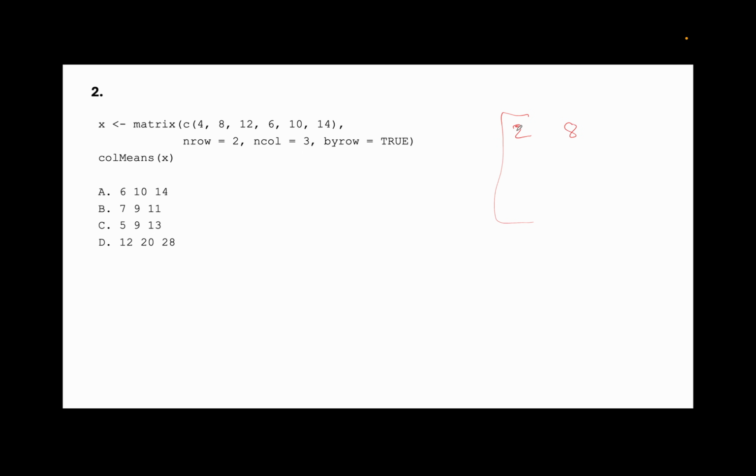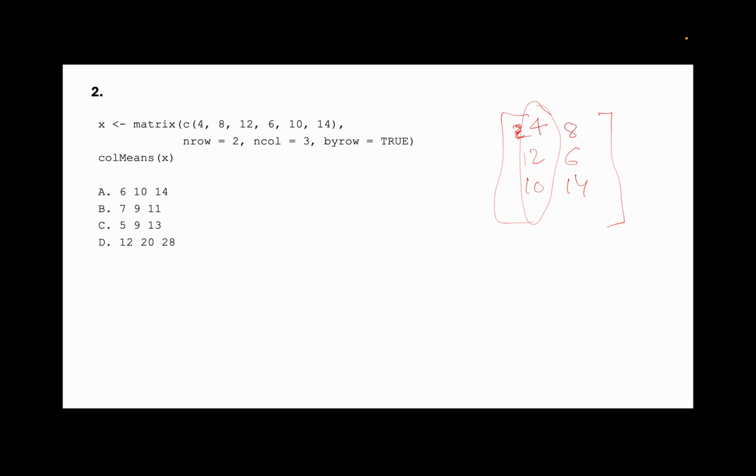Here it is asking for column means, so you sum each column and divide by the number of rows.